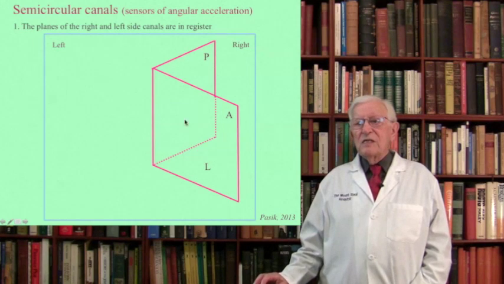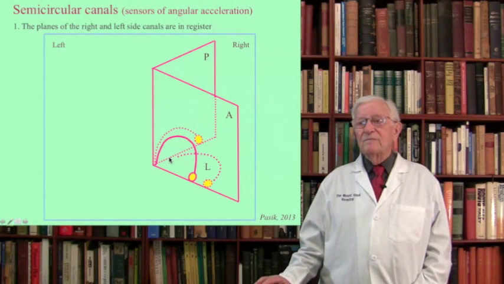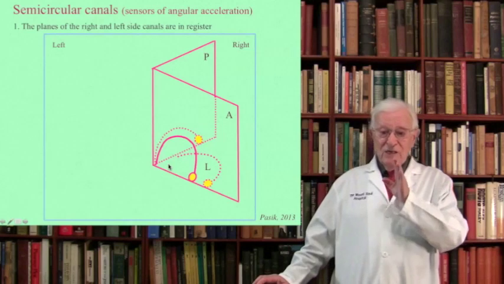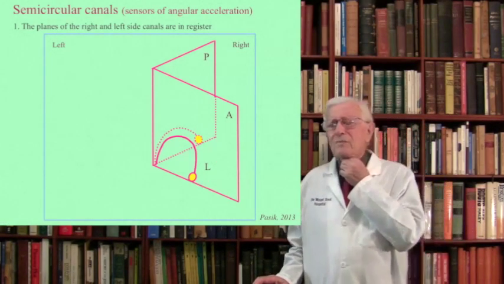In the anterior plane, you have a semicircular canal that goes like that. In the posterior plane, another one that goes like that. And in the lateral plane, the last one that goes like that. Each one is in almost an orthogonal position with respect to the others.